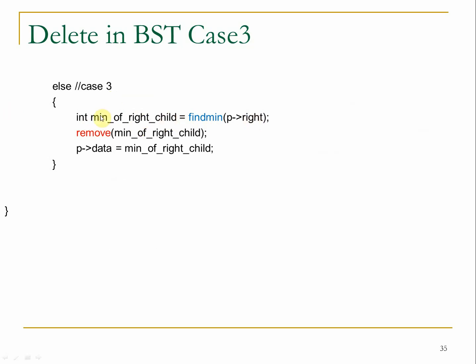Once we get it, all we need to do is remove that element from the tree. This recursive function will take care of case 1 and case 2 by removing that element. And then we change P to the data, the element's data equals that minimum value. And that's it, as simple as that.